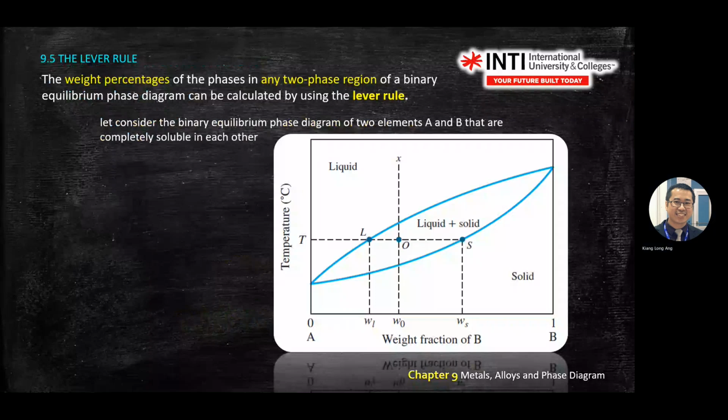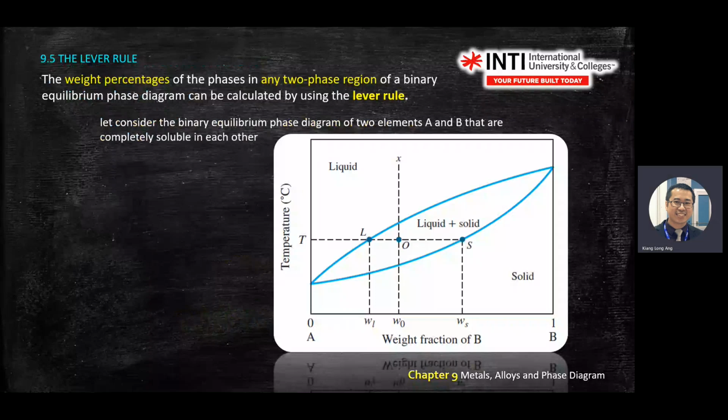Okay. So these level rules have a few distinct characteristics. You give one temperature, you enter the graph from that temperature, and draw a horizontal line. That horizontal line will cross the liquid line and solid line.